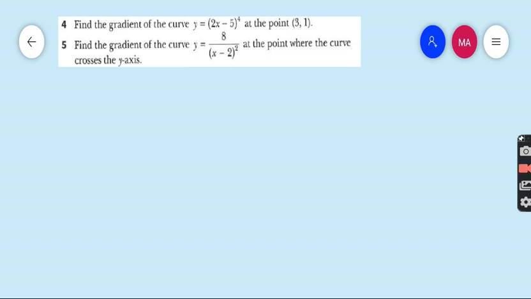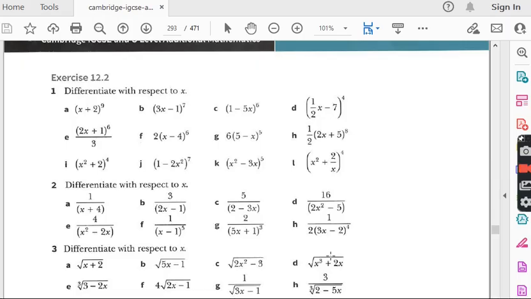Students, in the last lecture we started exercise 12.2, and the topic of this exercise was to find the derivative or differentiate with the help of chain rule.